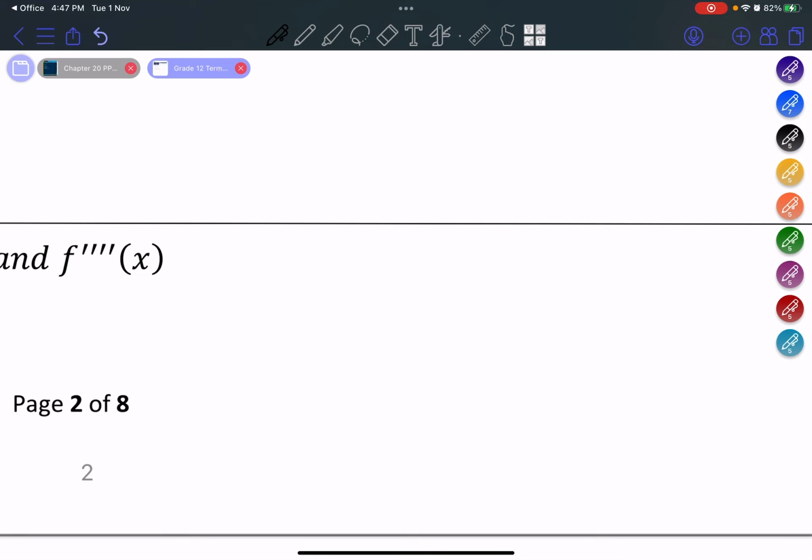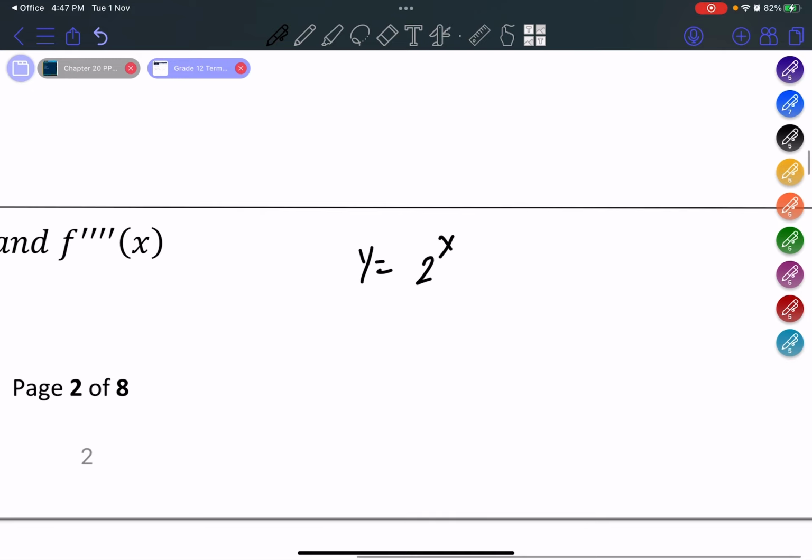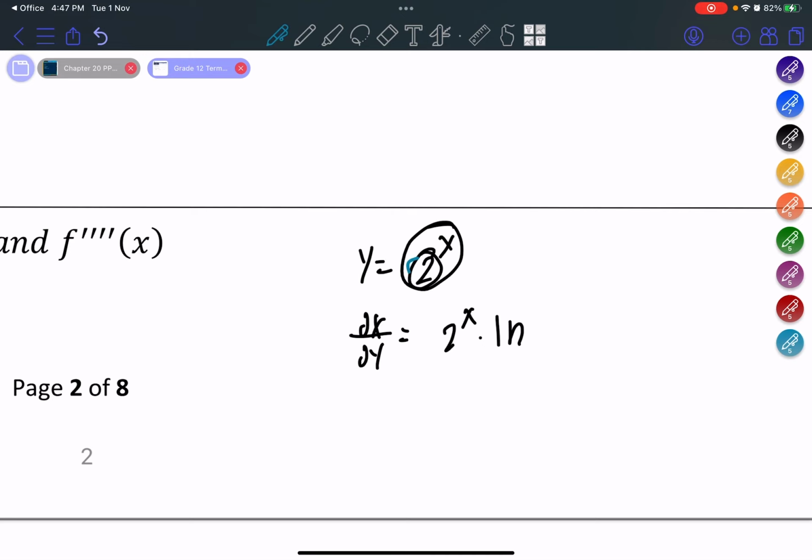It basically states that if y equals, let's say, 2 power x, for example, then the derivative equals 2 power x, so we won't do anything to it, but this time times ln the base, which in this case is 2.